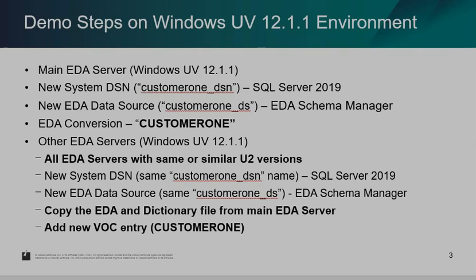When the second EDA machine has its environment ready, you just copy the EDA file and the dictionary from the main EDA server, then add the new VOC entry on the second machine. In this test case, I'm using customer1.